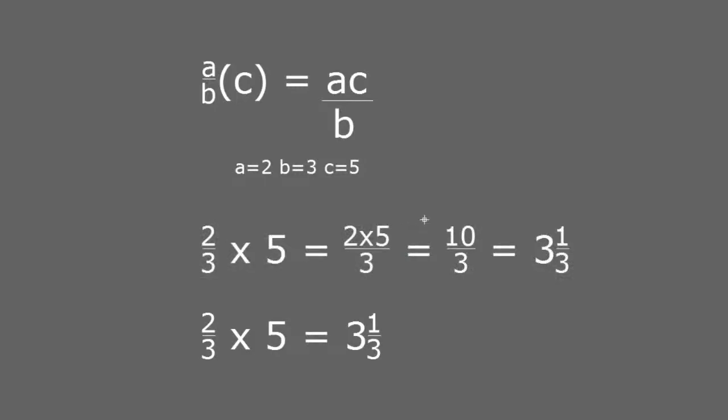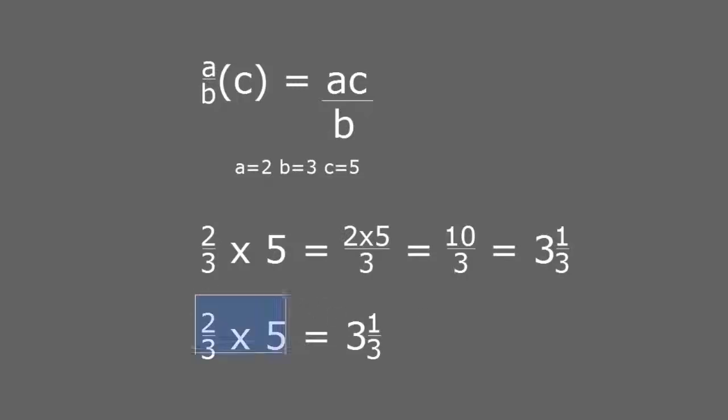So it becomes 2 times 5 divided by 3, which is 10 divided by 3, and that is an improper fraction where the numerator is larger than the denominator. I can change that to a mixed fraction, or sometimes called a mixed number, which is this right here. 10 over 3 equals 3 and 1/3.